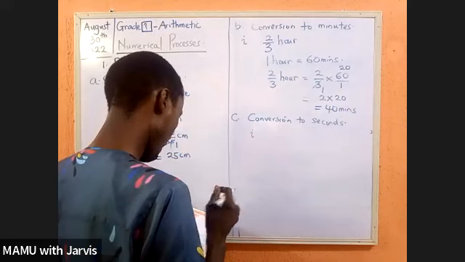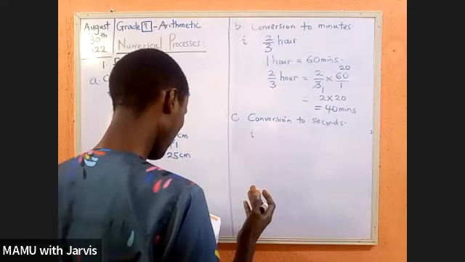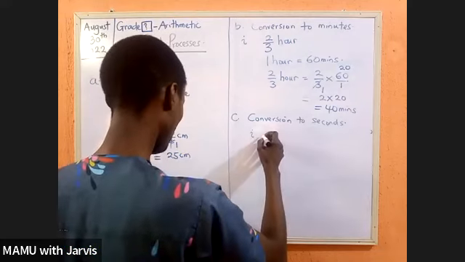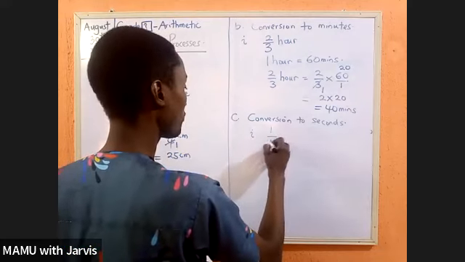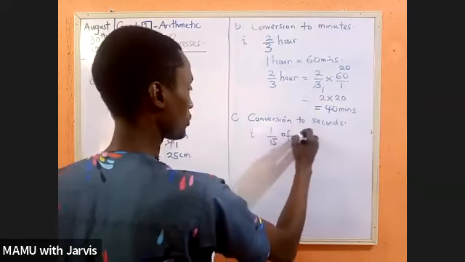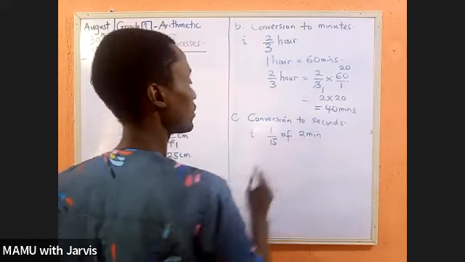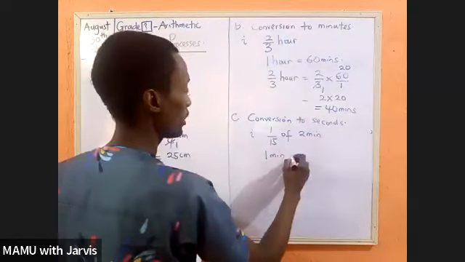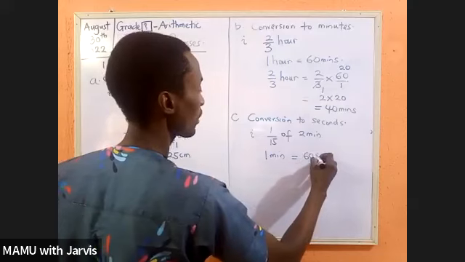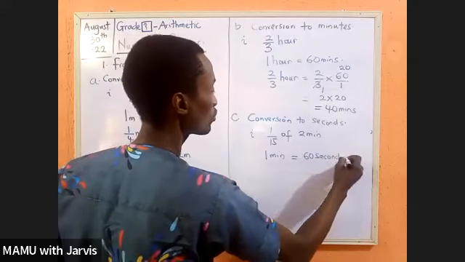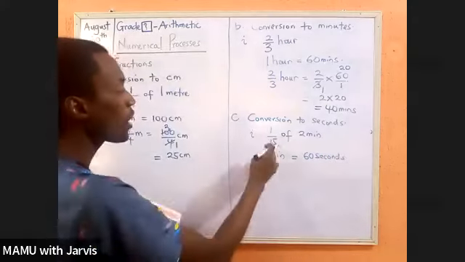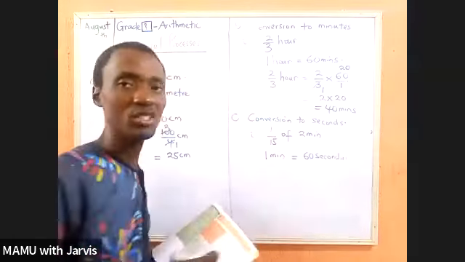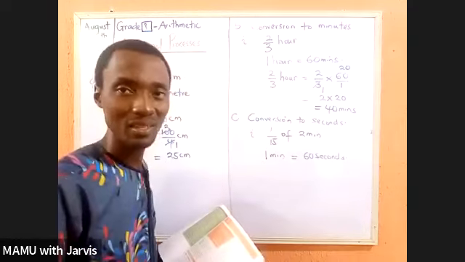Let's say we have seconds, we have 1/15 of 2 minutes. The first thing you need to remember is that 1 minute is equal to 60 seconds. So to do this, you need to know your conversions very well. 1/15 of something: more often than not, "of" in maths we usually suggest times.